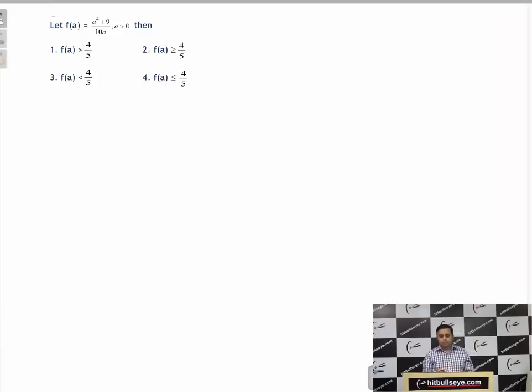So here we have f of a equals a raised to power 4 plus 9 divided by 10a, where a is positive. Again we will use arithmetic mean is greater than or equal to geometric mean. But before we do that, as I told you earlier, we will make either the arithmetic mean a constant quantity or the geometric mean a constant quantity.